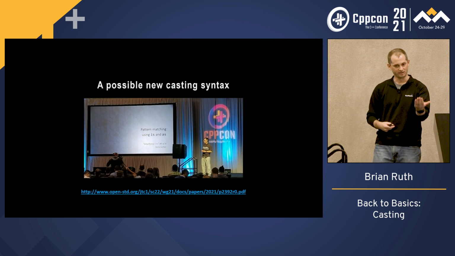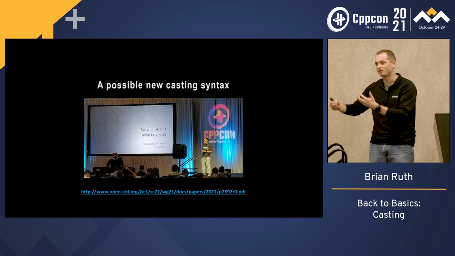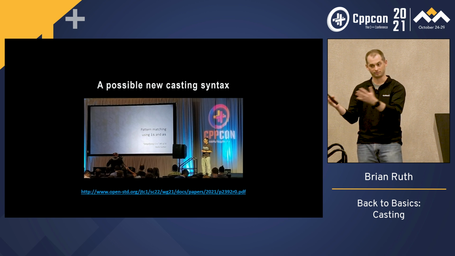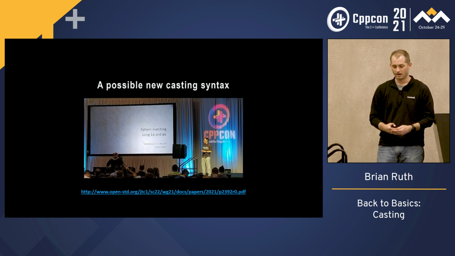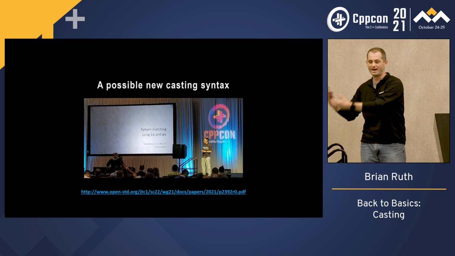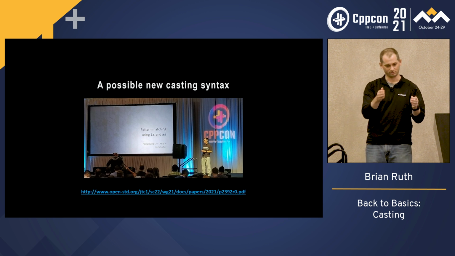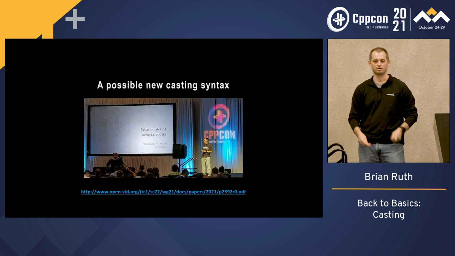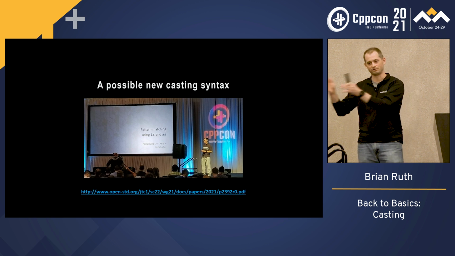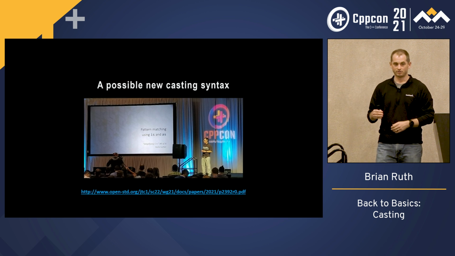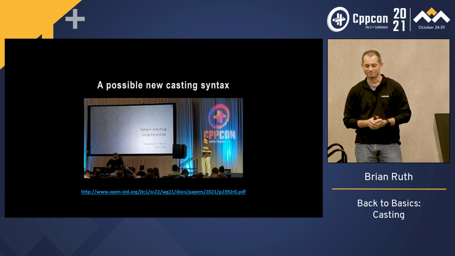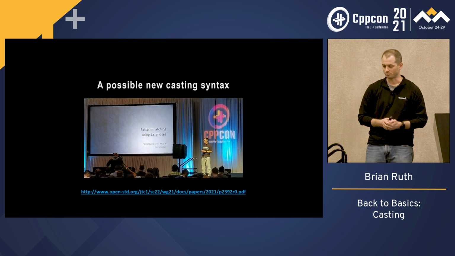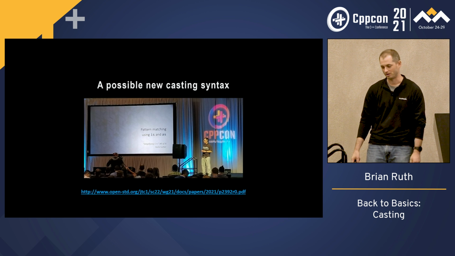You can think of is as a type of dynamic cast, where it's checking to see if something is a given type or not. And you think of as more like your static cast, where it's saying, take a float as an integer, or an A as a B, or base as a derived, or something like that. So casting's not dead. It's moving forward with possibly a much cleaner syntax as well.